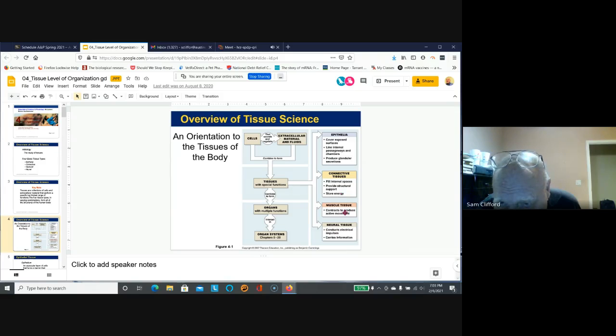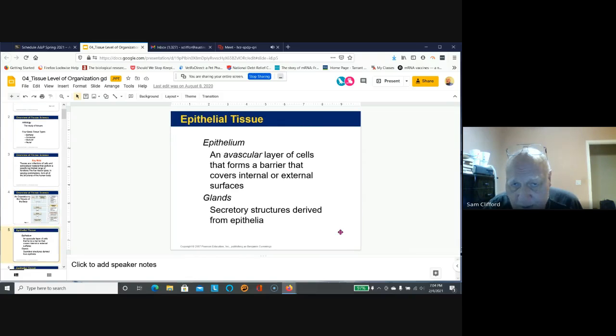Muscle tissue allows movement, the heart to beat, digestive tract movement, and mixing of food. Neural tissue communicates with the environment and receives sensory information about whether you are hot, cold, or in pain, both input and output of what nervous cells do.